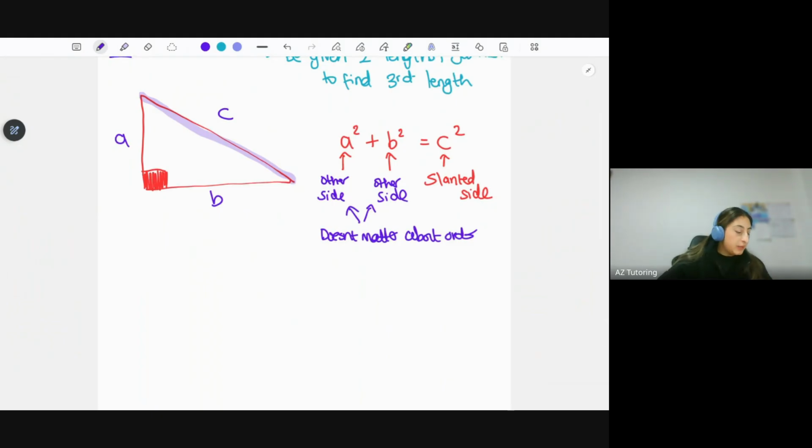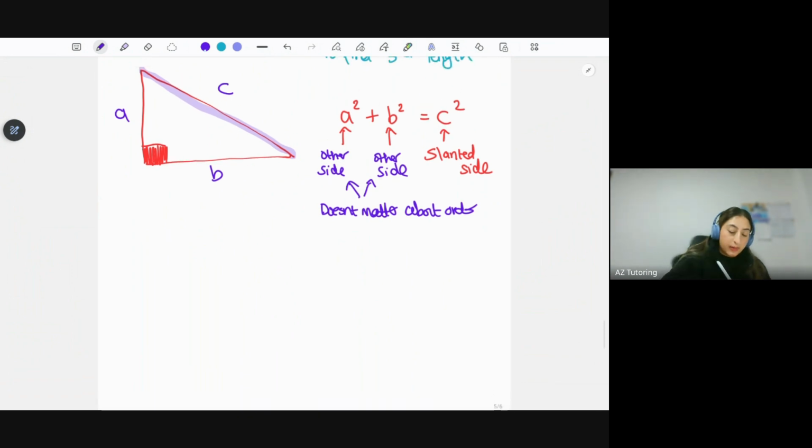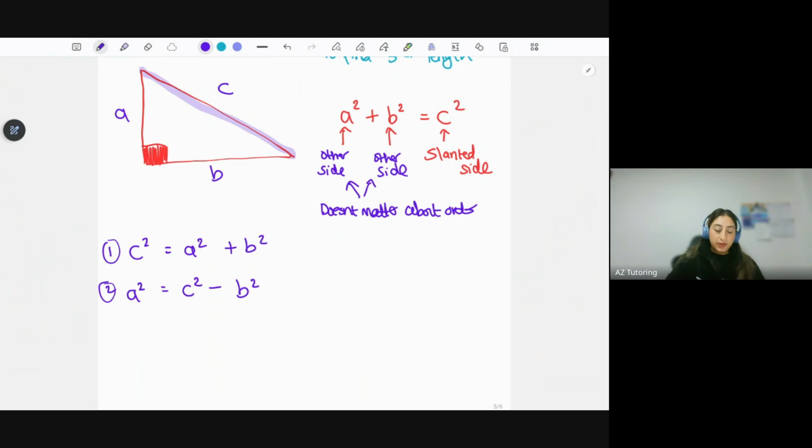But I think one thing that kids need to be wary of: if they're asking you to find C squared, that is just A squared plus B squared. However, they can ask you to find the side A. They will give you C and B and they will say find A. Therefore, A squared is going to be C squared minus B squared. So these are the formulas you need to remember.